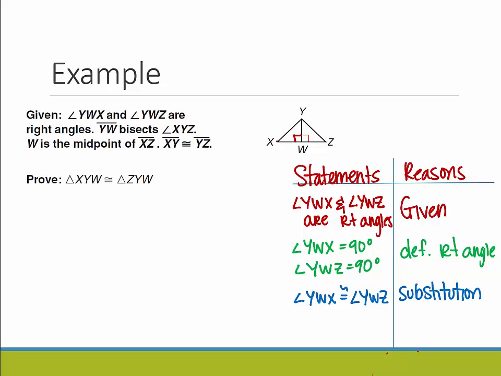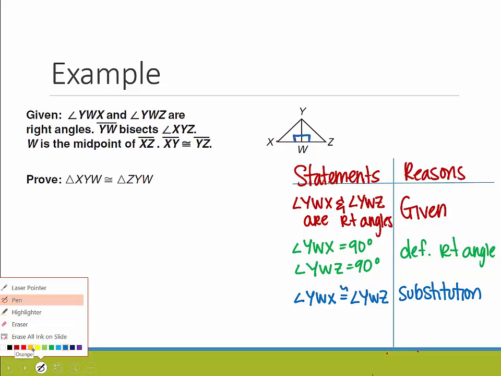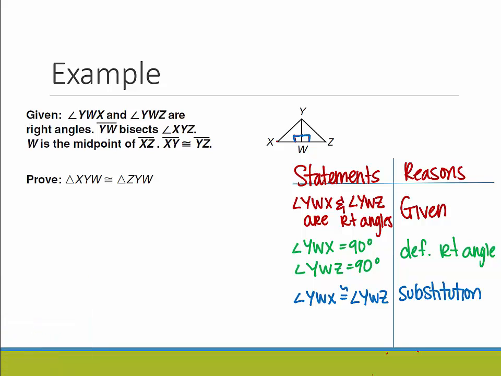So far we have proved that these two are congruent. We got a couple more to go. So the next bit of information that they give us is that YW bisects angle XYZ. So we have XYZ is this angle right here. And if this bisects it, we know that that means these two have to be congruent by definition of bisect.